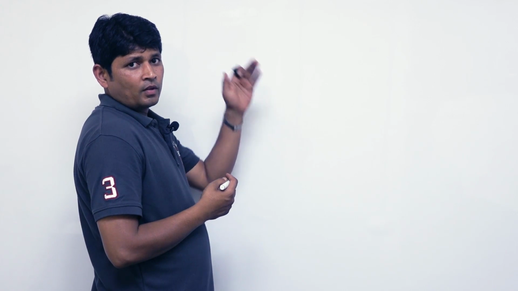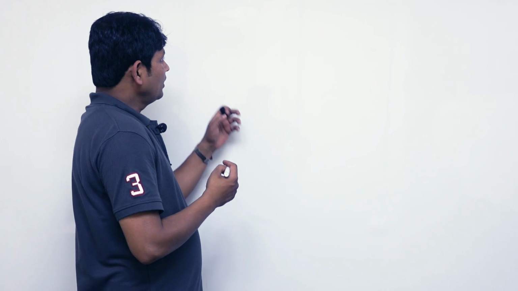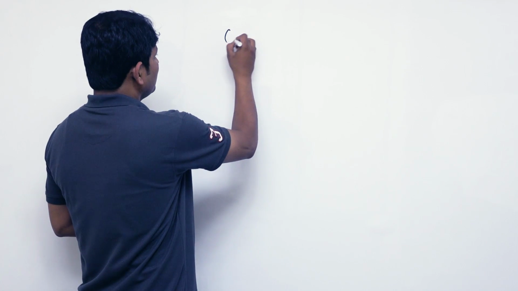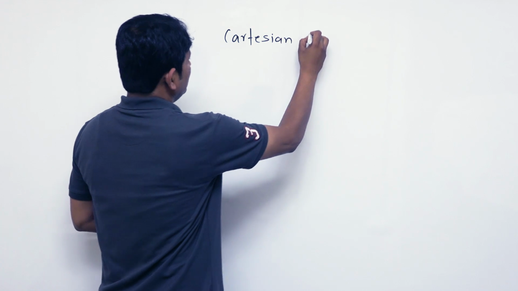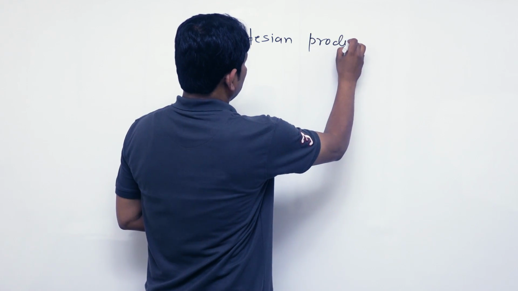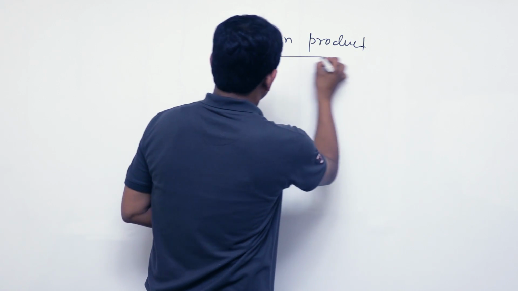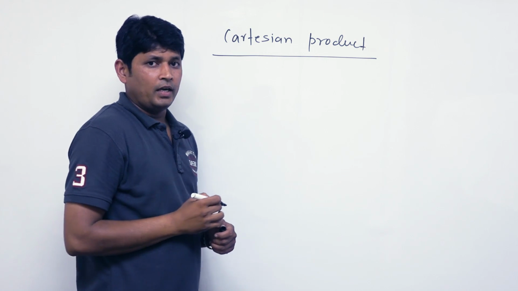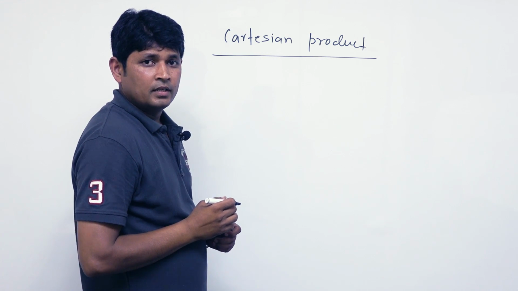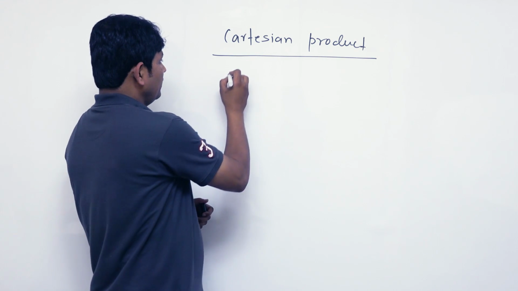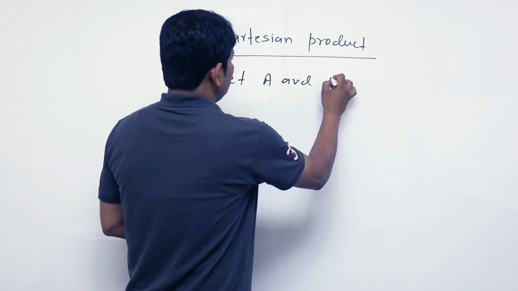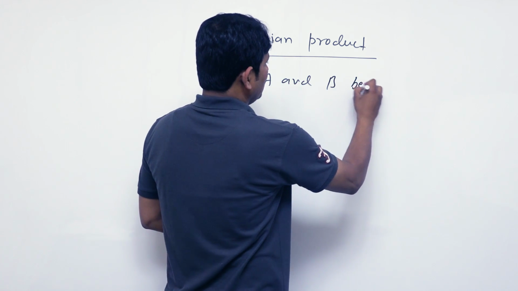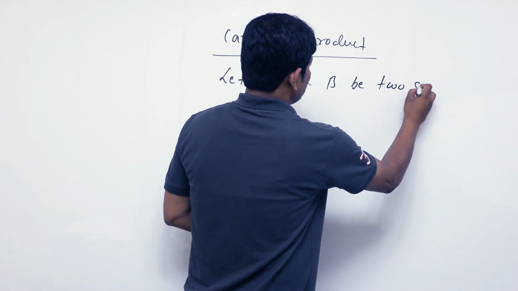Now, after ordered pair, we have to understand Cartesian product. How can we define Cartesian product? Let A and B be two sets.